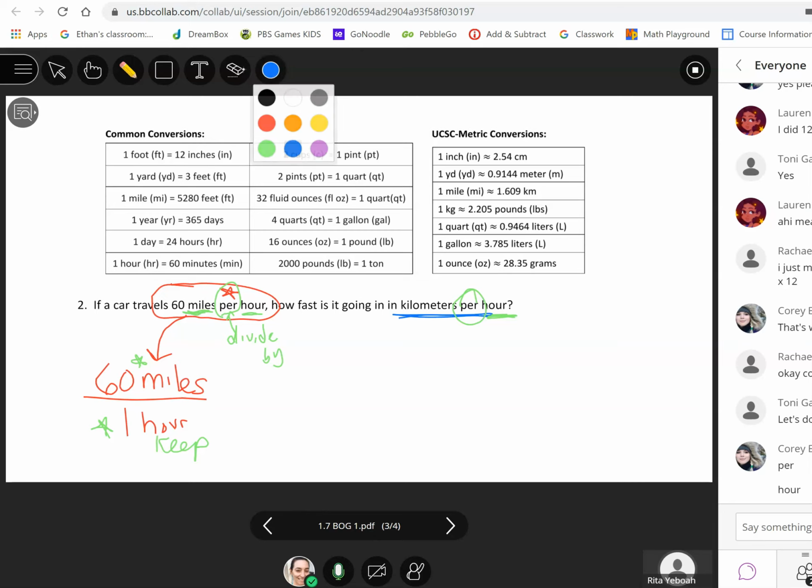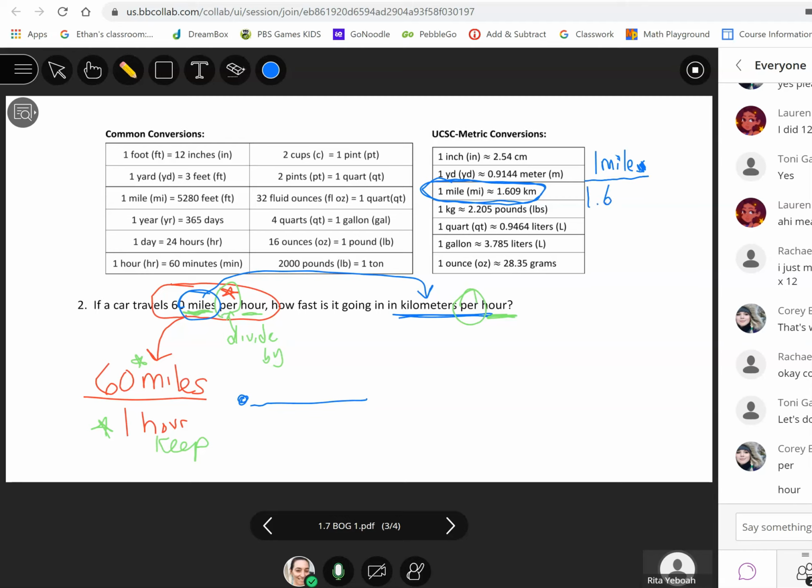So I just need to make a fraction that's going to change miles to kilometers. So let me find on my table miles to kilometers, right there. Miles to kilometers. So 1 mile cashes in for 1.609 kilometers, or I could write it the other way. 1.609 kilometers is going to cash in for 1 mile.